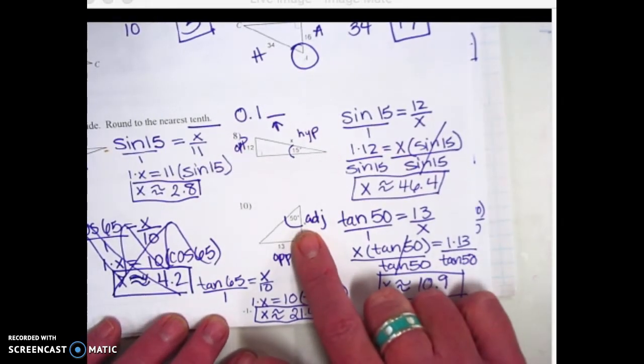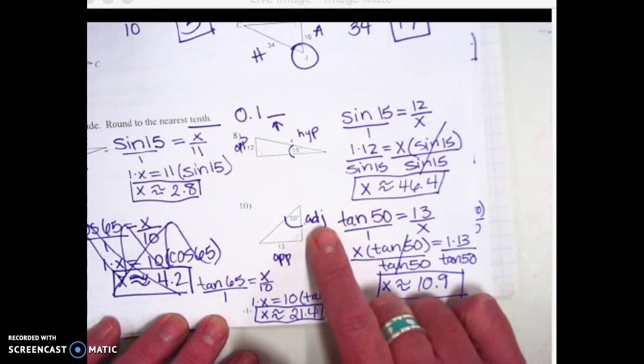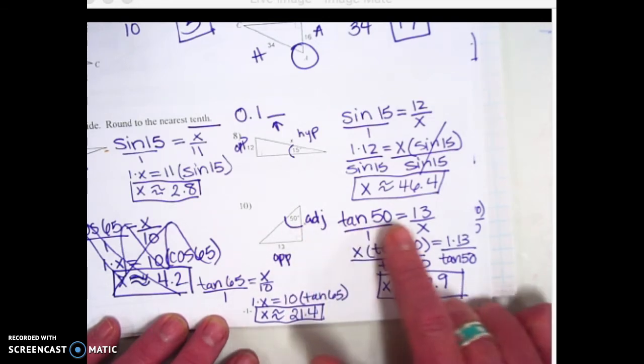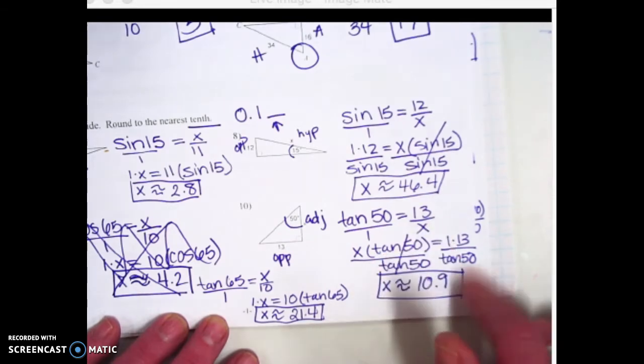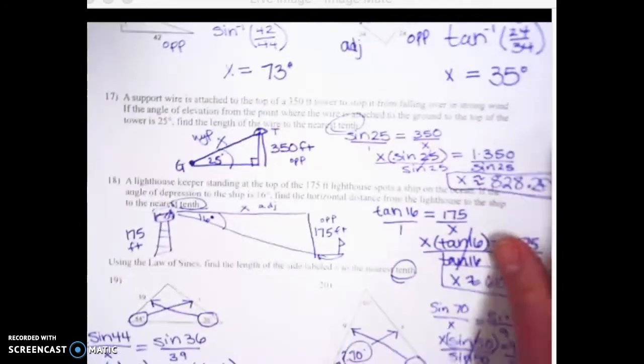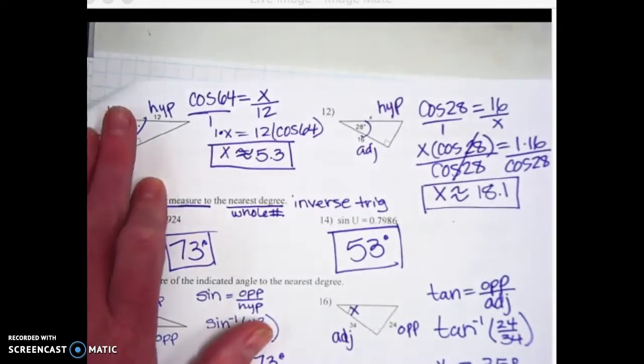For number 10, the angle is 50 degrees. You know the opposite, you want the adjacent, so you should use tangent of 50 equals 13 over x. Make a proportion out of it, do the cross product, and solve. Up at the top of the next page, number 11. Same directions from the prior page.